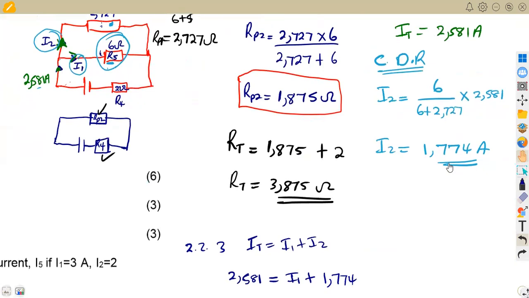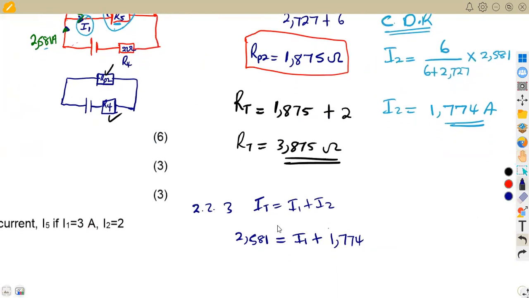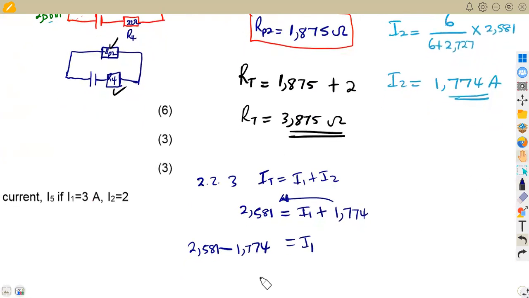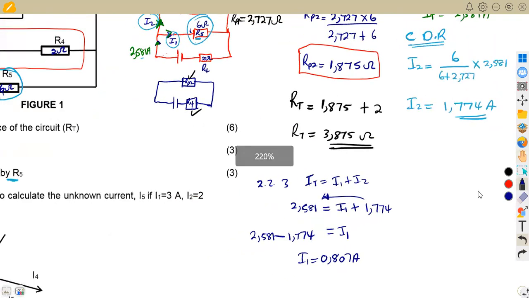So we can transpose this to the other side so that you can subtract. That means I1 is going to be 2.581 minus 1.774. All right, so that is going to be current I1, but this is not our question. Our question is not to calculate the current. So we are going to obtain 0.807 amps.